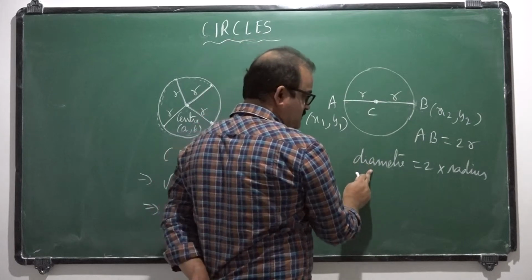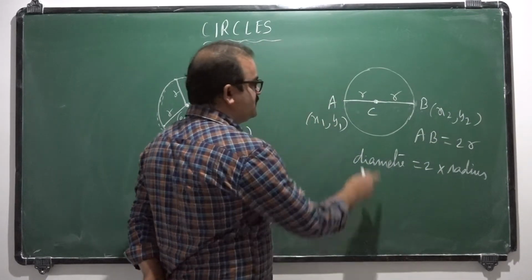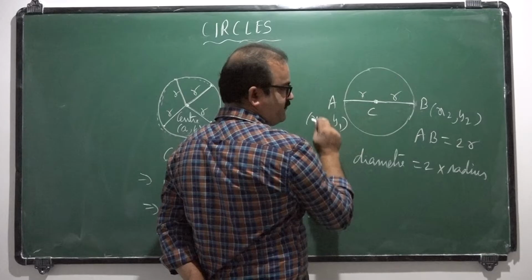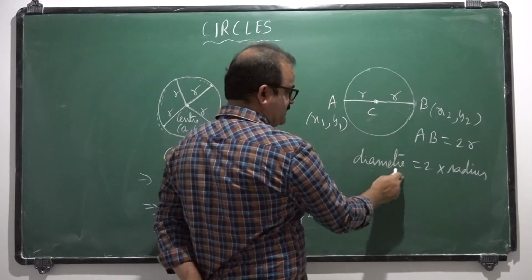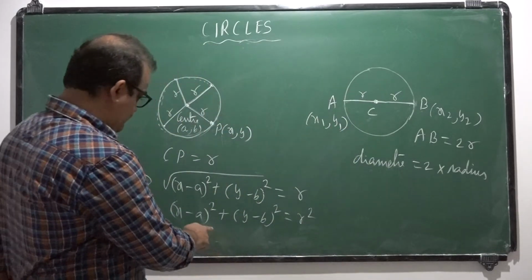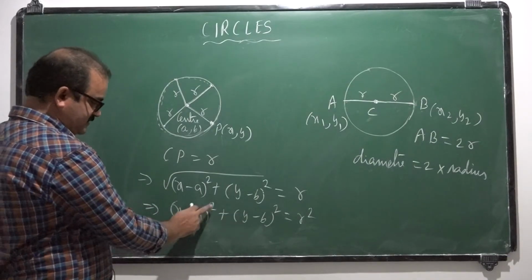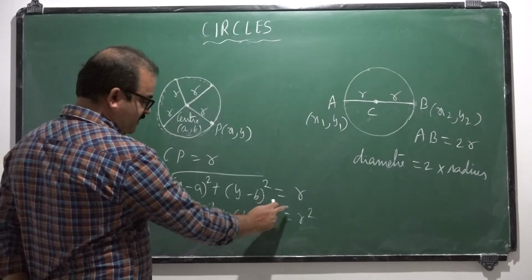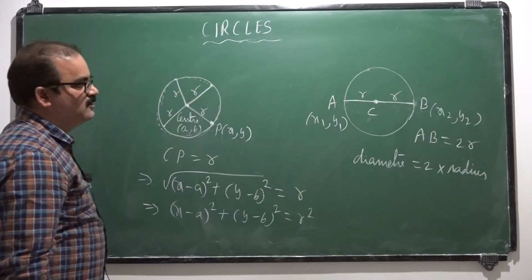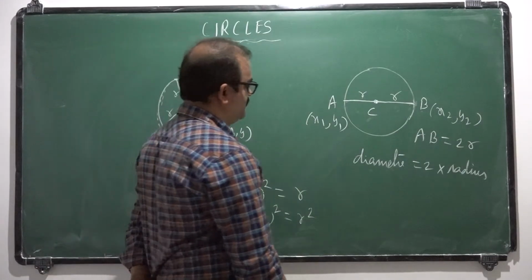When the diameter is known, we get the radius. Center is the midpoint of AB. If center and radius are known, then we get the equation of the circle from this formula: (x minus a) whole square plus (y minus b) whole square is equal to r square.